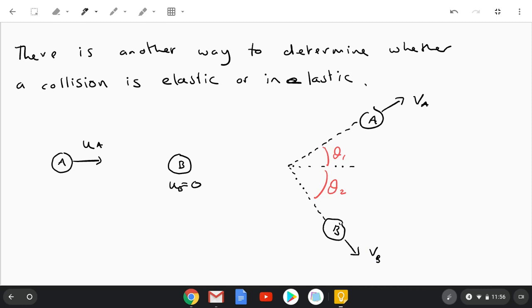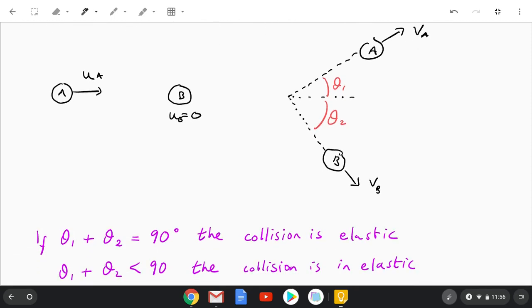This is your core practical as well. This entire example is essentially what you are going to do with a set of marbles: you are going to see whether the collisions are elastic or inelastic and whether momentum has been conserved or not, and you verify both of those statements.